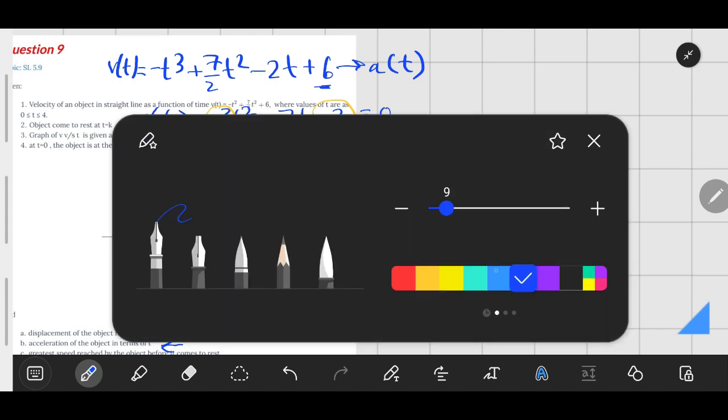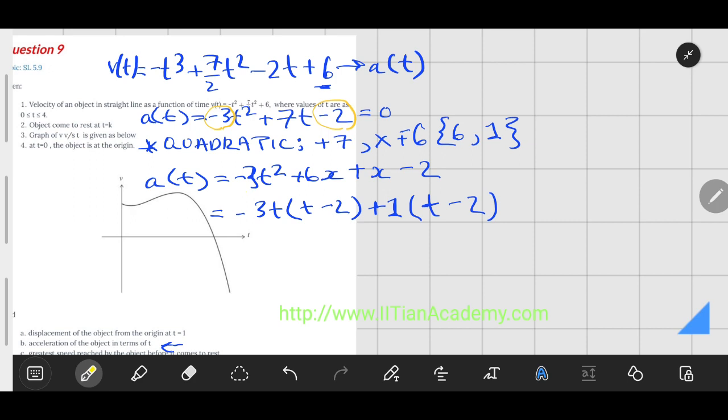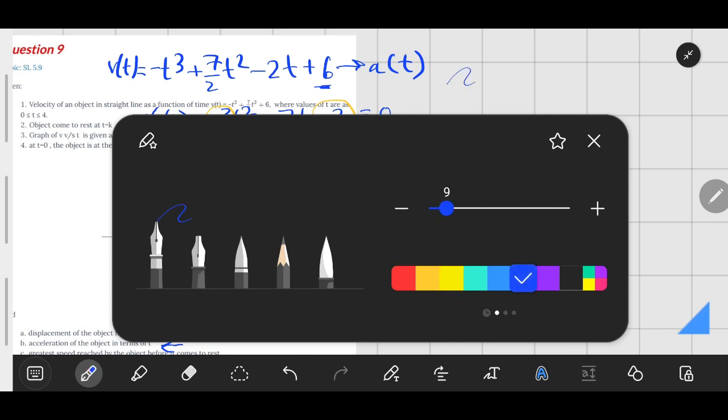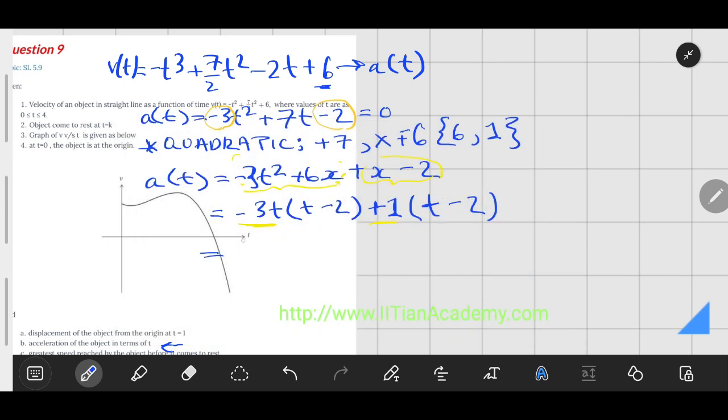After finding your common variable between the two groups, we can write it out like this, where we factored out 1 in the second part, and we factored out negative 3t in the first part. And so we will take those two factors, write it out as 3t plus 1 multiplied by t minus 2.